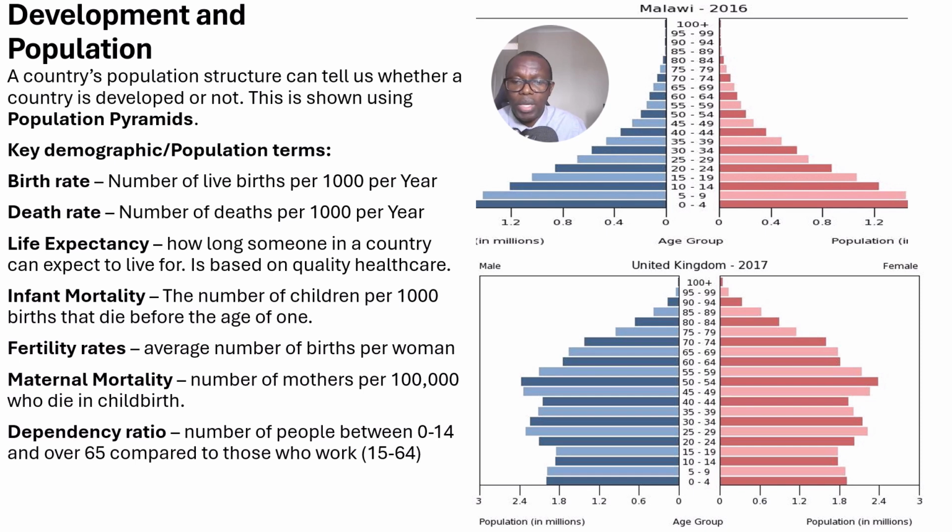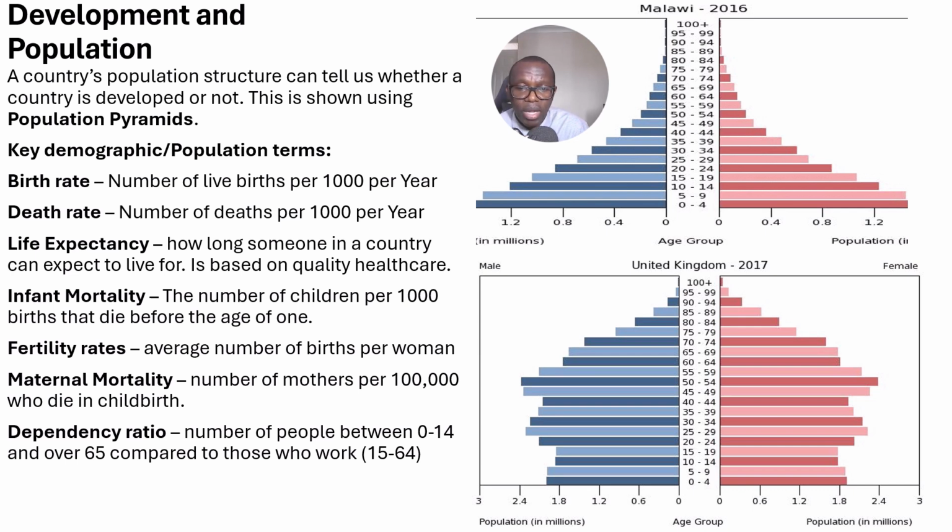Now, coming back to the population pyramids that we have here. The top population pyramid there is one for Malawi, and the one at the bottom is one for the United Kingdom. And we can obviously see some differences between the two, and those will indicate to us whether a country is developed or not. If we look at the one for Malawi, it has a very wide base here at the bottom.